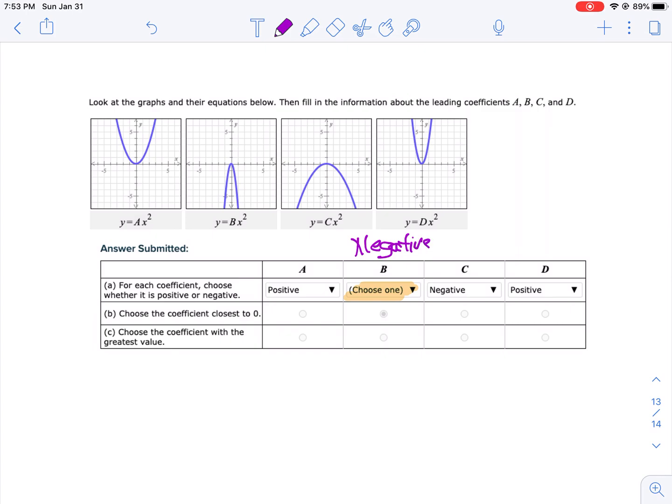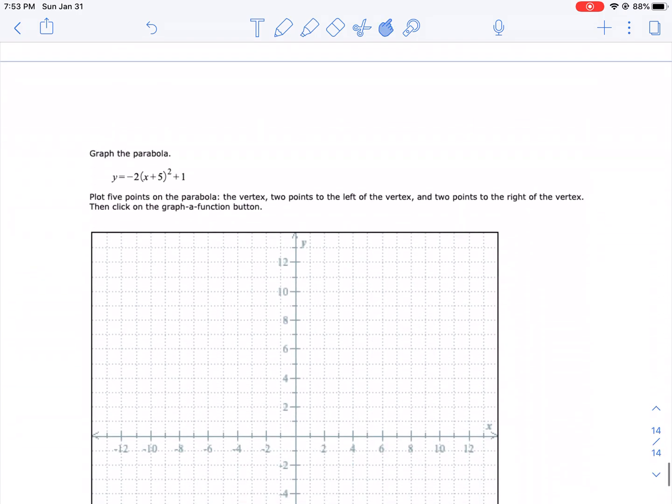You got part B right, but part C, the greatest value, doesn't look like you answered part C. The greatest value is going to be the one that is the stretched most up. So it's either going to be A or D. Well, which one's thinner? D is. Make sure you answer all the questions being asked of you.